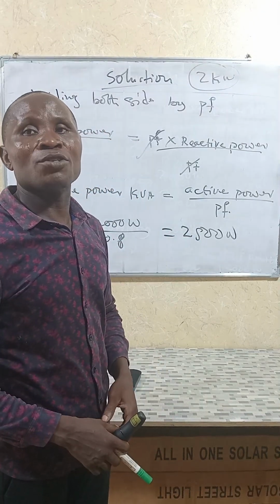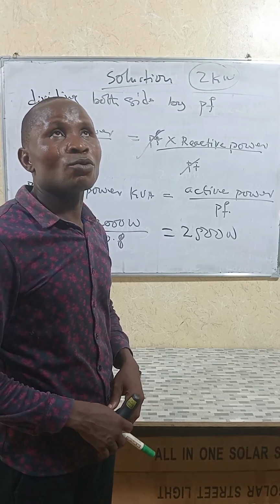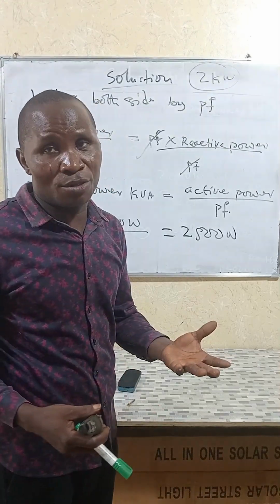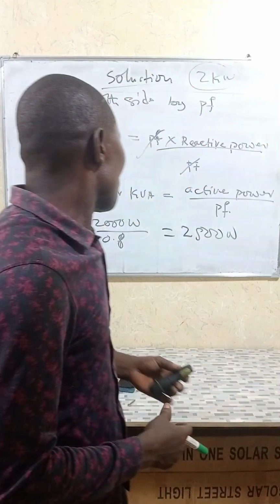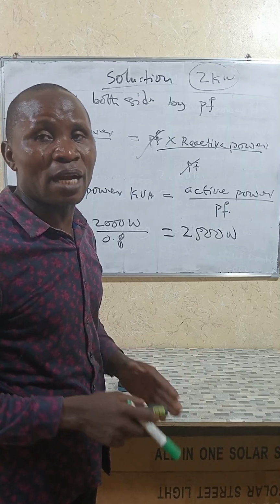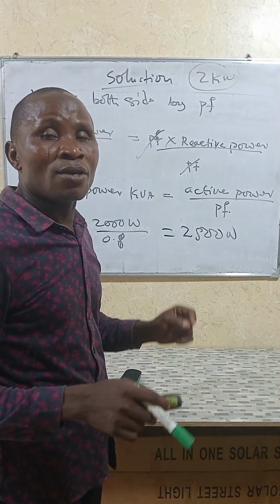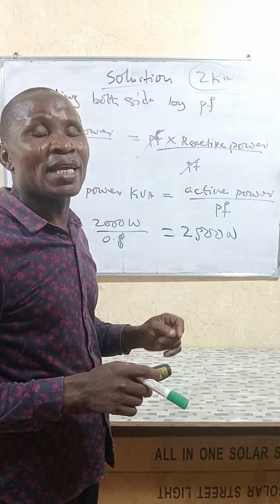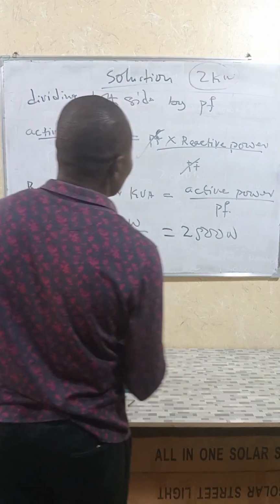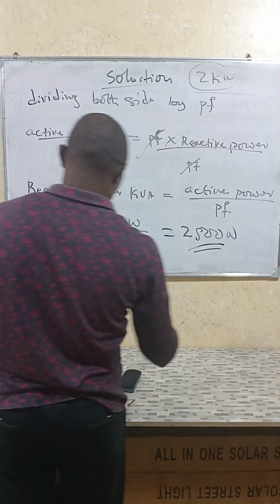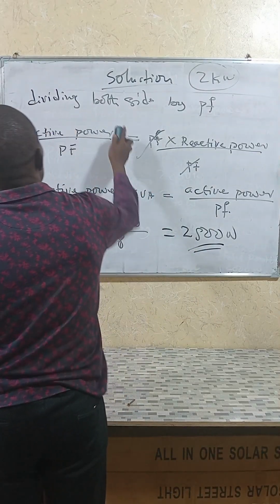You cannot just do any tolerance because it's electronics, it's not a generator. Therefore, you need to add 40% or 50% or 30% as a tolerance in your calculation. For the sake of this calculation, we want to add 40% of the kVA we have calculated. So this 2,500, we want to calculate the 40% of it.